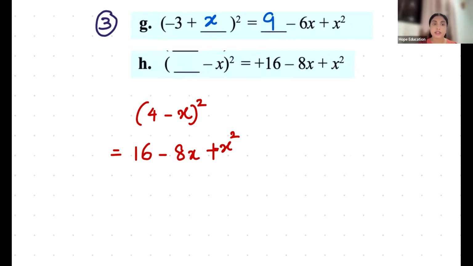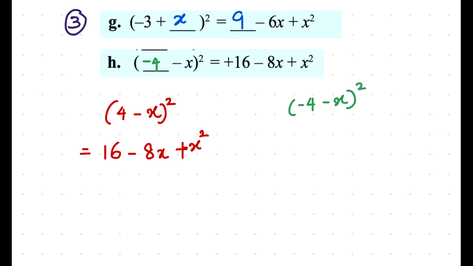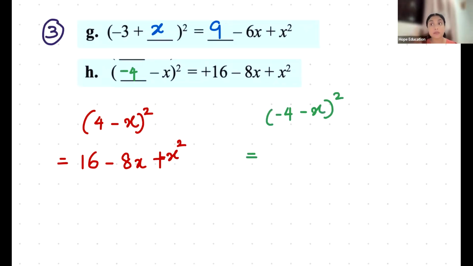So let's say instead of 4, we have, as you said, minus 4. Okay, we'll try. (Minus 4 minus x) squared. So here, first we get the square of the first term. The first term is minus 4, so we get the square of that. 4 times 4 is 16. Minus times minus is plus, so we get plus 16. Then we multiply the first term by the second term and 2. 4 times x is 4x, 4x times 2 is 8x.